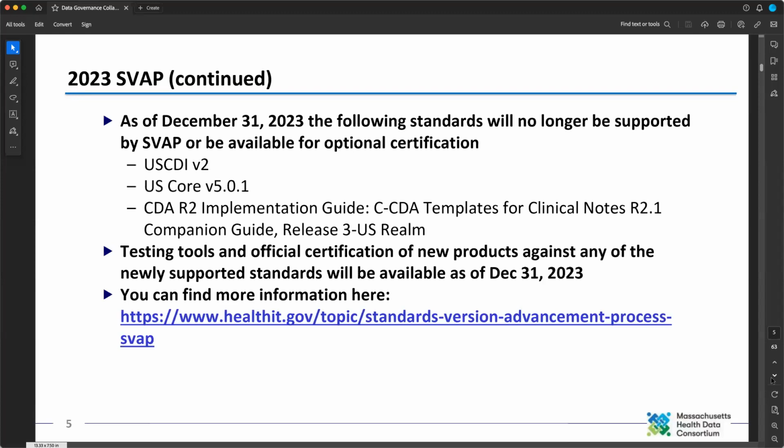Which I thought was an interesting choice, but you can find more information on their standards version advancement process page, and there's links to information about specifically where these different standards are approved and how they're used and which certification involve them, etc. Any questions, thoughts, comments? All right, then let's move on to the next update.